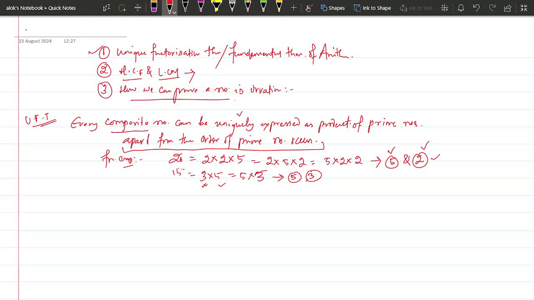We have an example question which is a direct application of the unique factorization theorem. The example states: is 4 to the power n, n being any natural number, ends with digit 0?